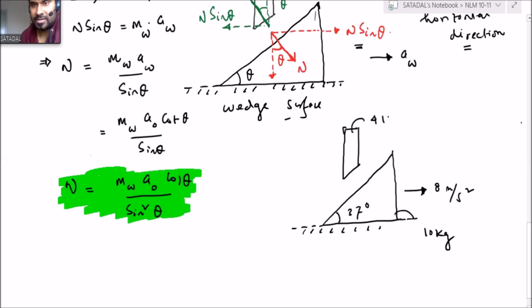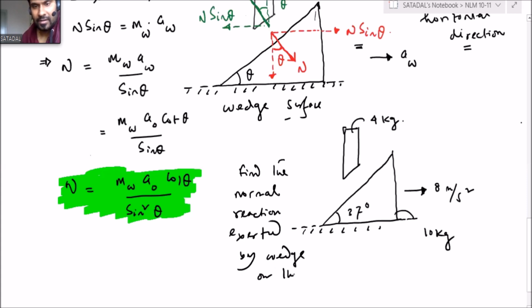Mass of the rod is given to be 4 kg. They're asking: find the normal reaction exerted by the wedge on the rod along the vertical direction. Chalo, do it. It's very easy.